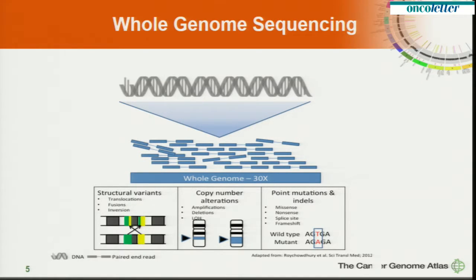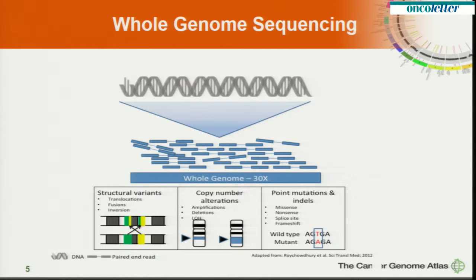And in fact, Human Genome Project was completed only 15 years ago, which took about 10 years, $3 billion to do one genome. And when we did the whole genome, the first time we did this for just $1 million, from $3 billion to $1 million. Now we can do this for around $3,000 to $4,000 for one whole genome. So the cost has come down very dramatically.